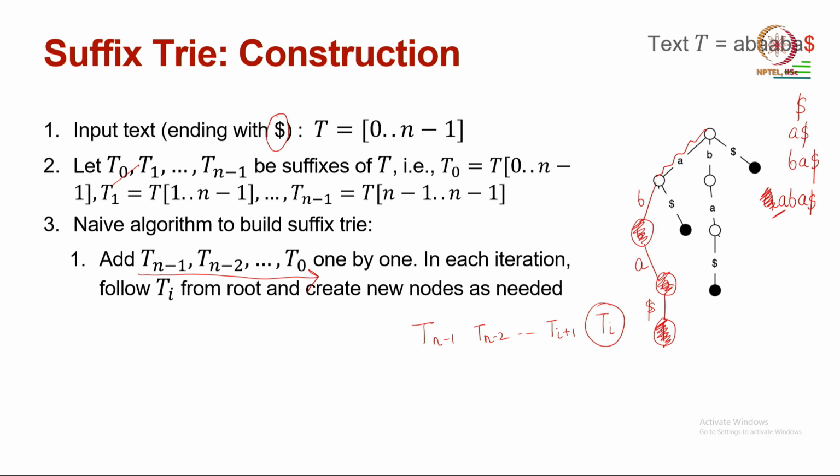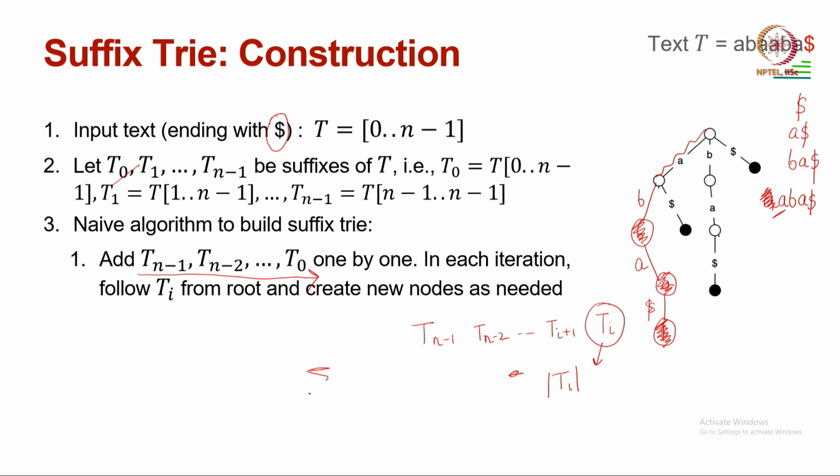Now, how much time is this going to take? For adding Ti, in the worst case I need time equal to the length of Ti. I spend one character at a time: either it is a match, and when I stop matching, I have to add edges and nodes accordingly.